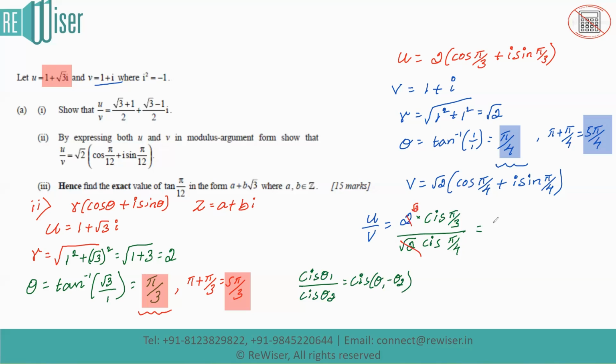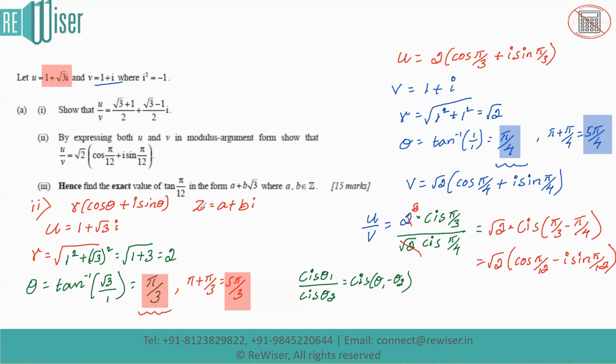It would be just root 2 times cis of pi by 3 minus pi by 4, which is nothing but pi by 12. So root 2 cis pi by 12, we can also write it as square root of 2 into cos pi by 12 plus i sine pi by 12. And that is what we need to show for part 2, and that is the right answer for part 2.